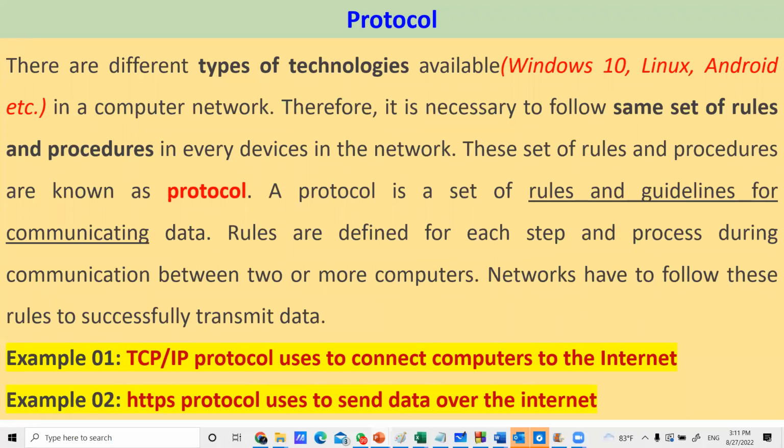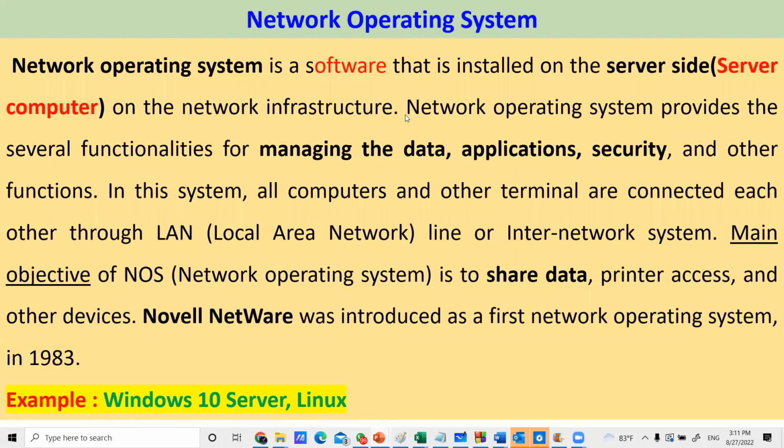It is used for sending data over the internet. This particular protocol you are going to use to send data over the internet. That's about computer protocols.